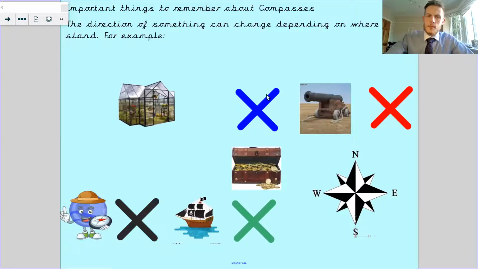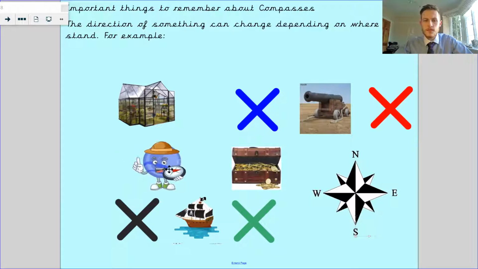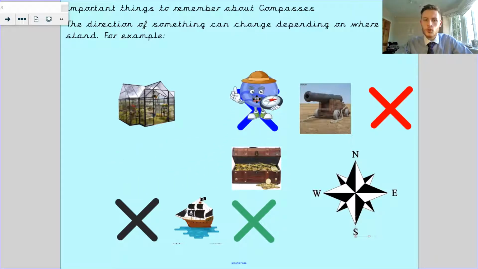What's important to remember with a compass is that the direction of something will change depending on where you stand. So let's imagine we're this explorer character, and he's got his compass. If he stands on the blue cross, which compass direction is the greenhouse?